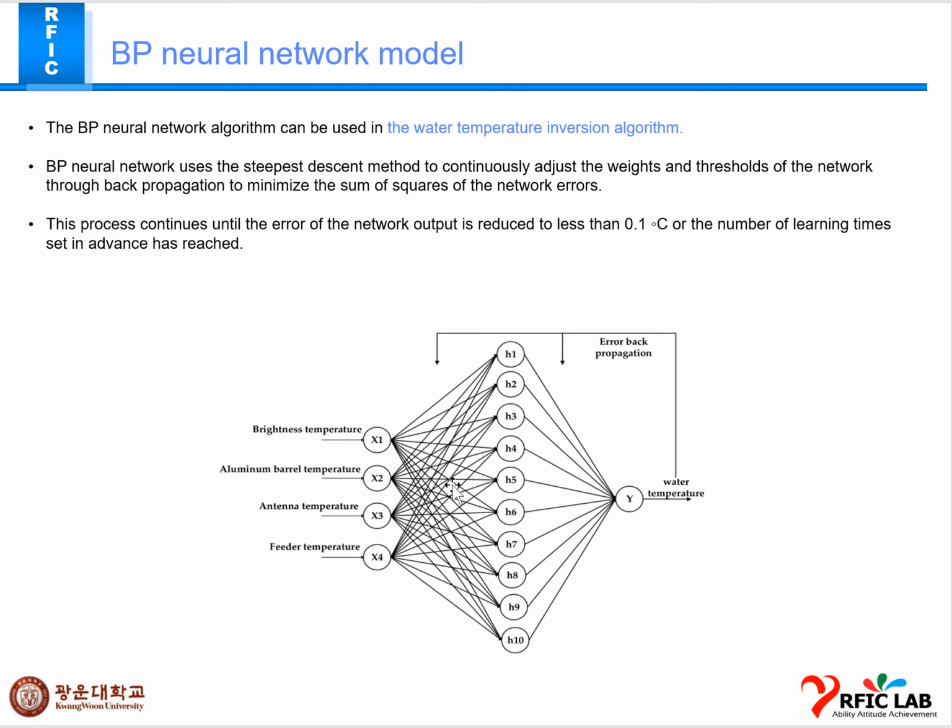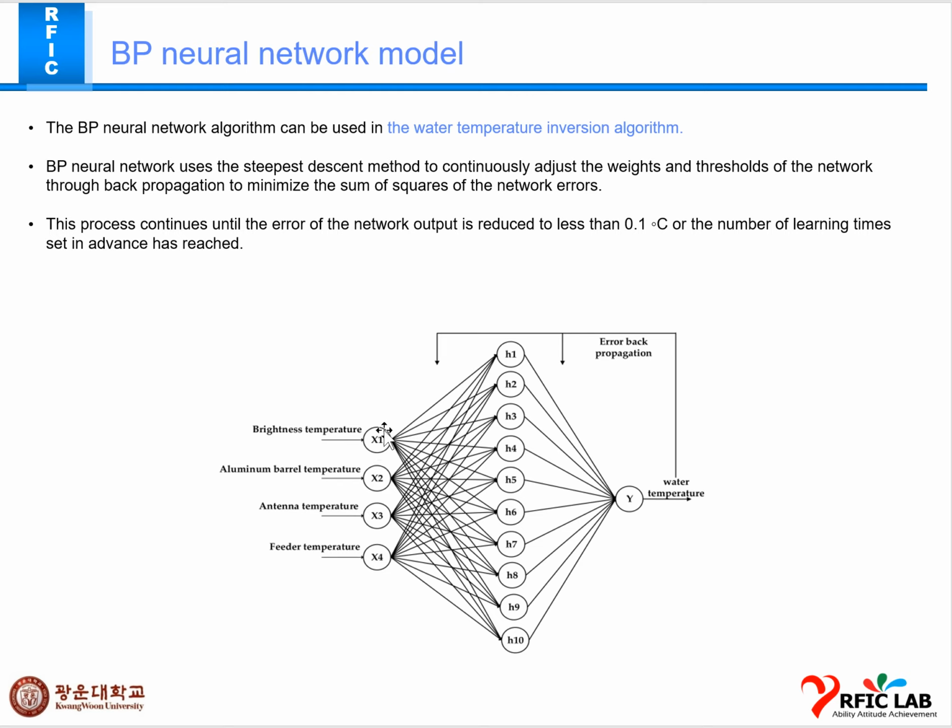It uses the steepest descent method to continuously adjust the weights and thresholds of the network through back propagation, and to minimize the sum of squares of network error. This process continues until the error of network output is reduced to 0.1 degree Celsius and the number of learning times set in advance has been reached.